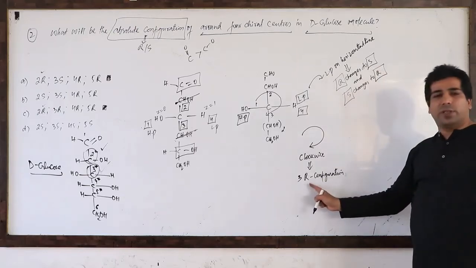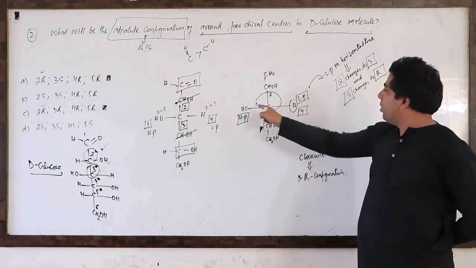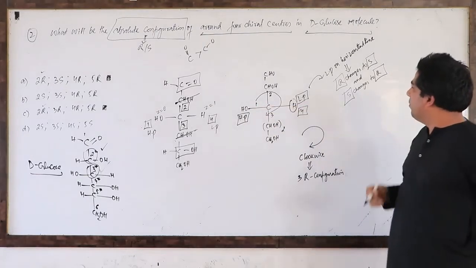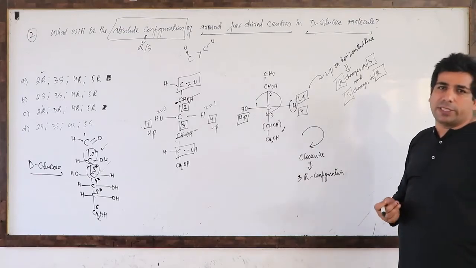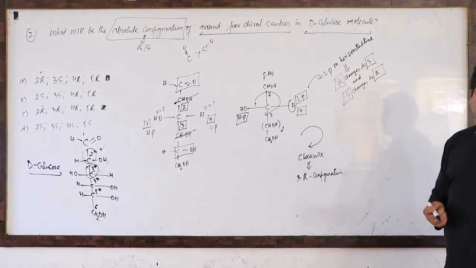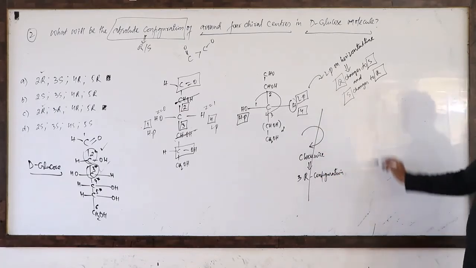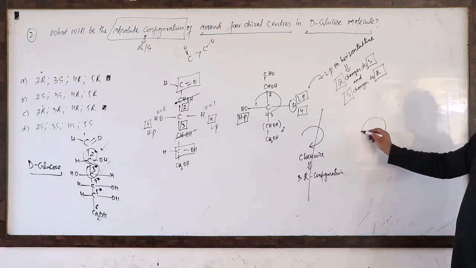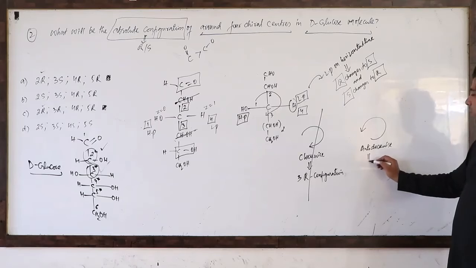What do you have? You have R, and the lowest priority is hydrogen here. It's on the horizontal line. When the lowest priority is on the horizontal line, then R will become S, S will become R. So you got R, so R will become S. So it will become anti-clockwise like this. So you have here anti-clockwise, and actual is anti-clockwise.